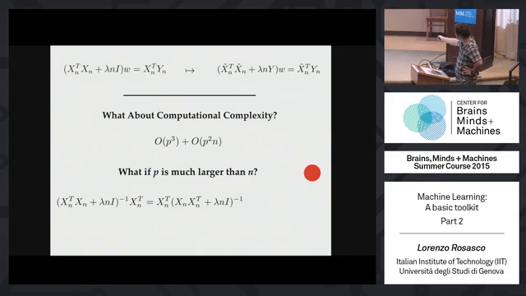So I claim that this equality stands. Look at what it does. I take this X transpose, I move it in front, but then if I do this, you clearly see that I'm messing around with dimensions. So you have to switch the order of the two matrices in the middle. Okay? Now, from a dimensionality point of view, at least I still see that this matrix and this matrix are of the same dimension.